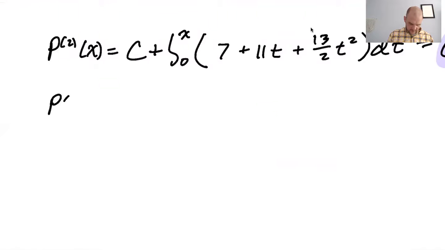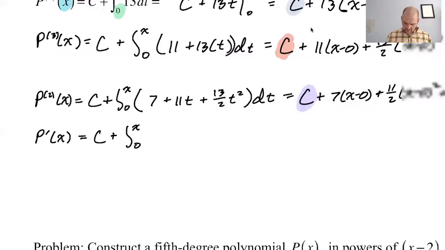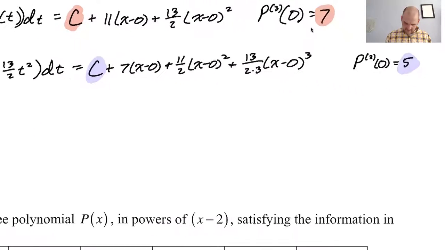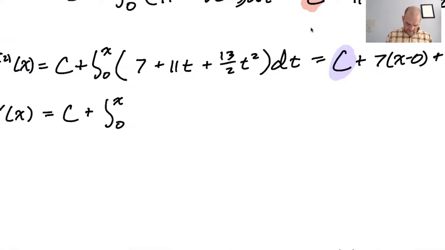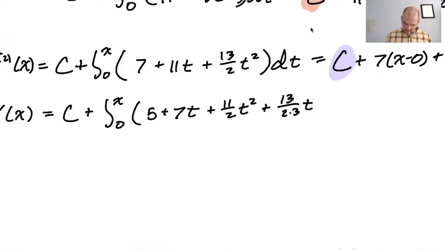So P prime is c plus the integral from 0 to x of, what was it, 5? Yeah, 5. So we're always using the antiderivative that we found.